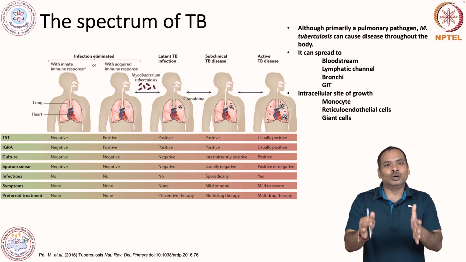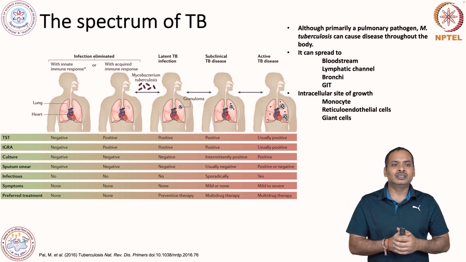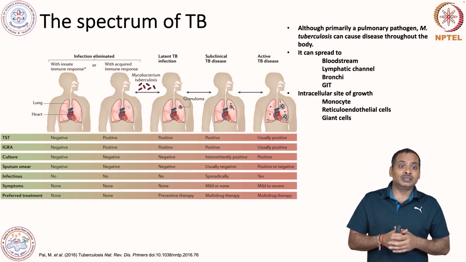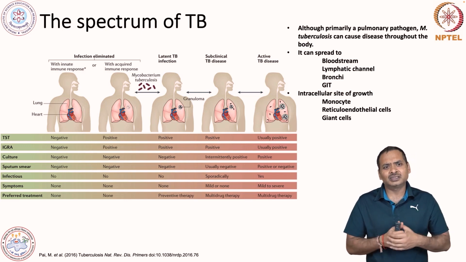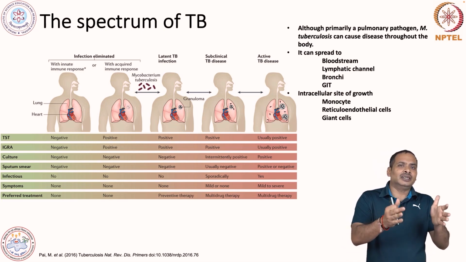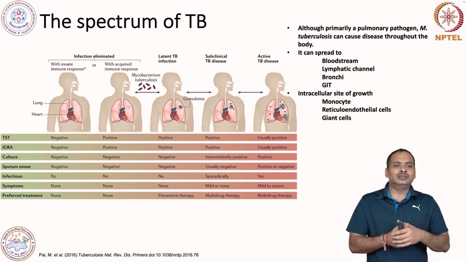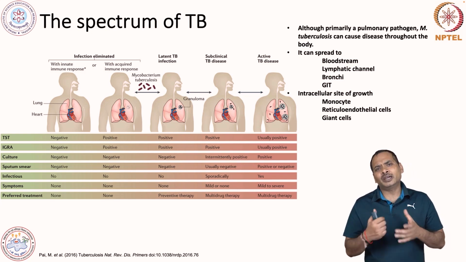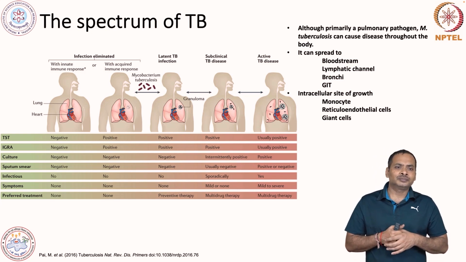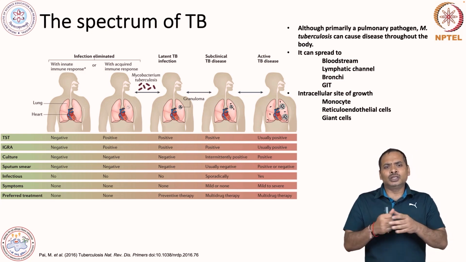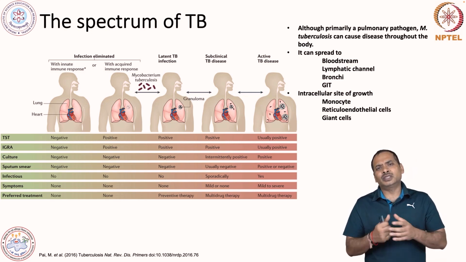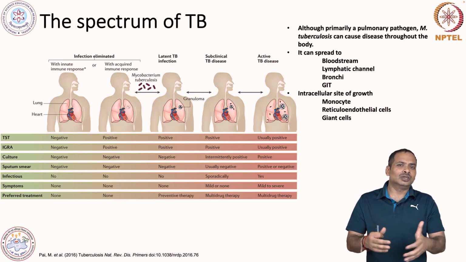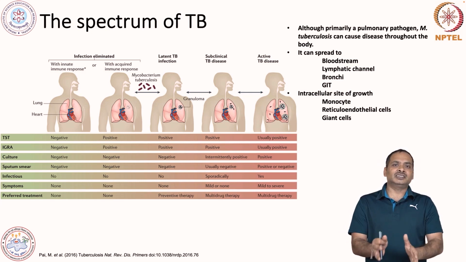I will not say all are patients, some are healthy. Here you can see that the individual is infected, but this infection is eliminated, and the elimination could be through the innate immune response or with the adaptive immune response. There are individuals who have this Mycobacterium tuberculosis, but the tuberculosis is not active, it is a latent stage.